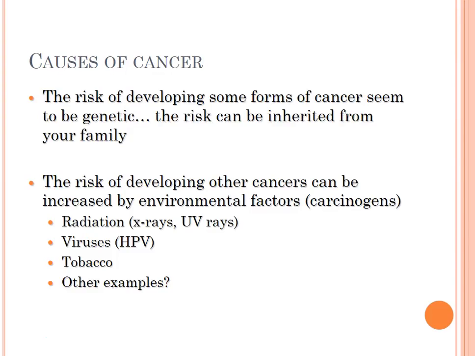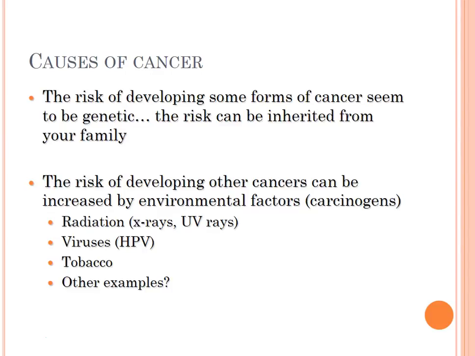So what are some of the things that can cause cancer? Some cancers, the risk for developing them is inherited, so it's genetic. It's not that you're definitely going to get that cancer, but you do carry a greater risk of developing some forms of cancer. Some examples are breast cancer, colon cancer, things like that.